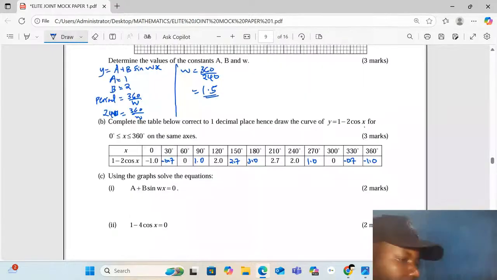Then you move to the equations. y is equal to 0. You solve the equation. Now we are given this one to solve the same equation.